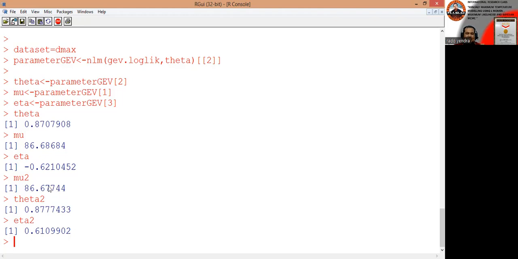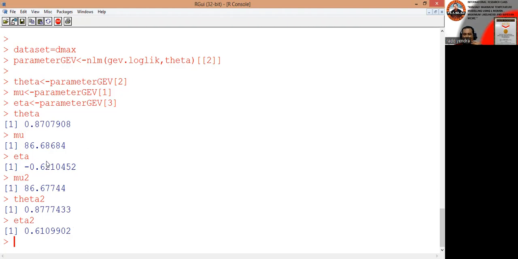But if we compare the kappa parameters, with maximum likelihood you find kappa of minus 0.62, but by using L-moments you estimate kappa with a value of 0.61. So the kappa parameter of the GEV distribution is very different between the maximum likelihood method and the L-moments method.